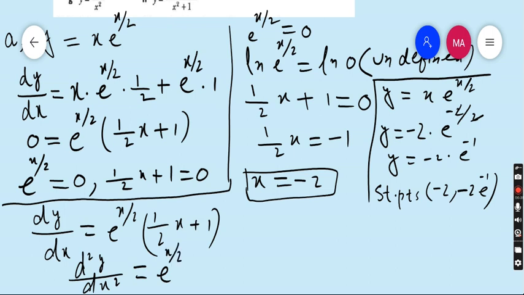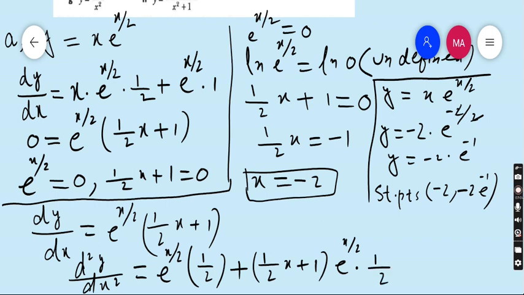So u times derivative of v, 1 upon 2 x plus 1 derivative is 1 upon 2, plus v times derivative of u. Derivative of u is e power x upon 2 dot, and x upon 2 derivative is 1 upon 2.